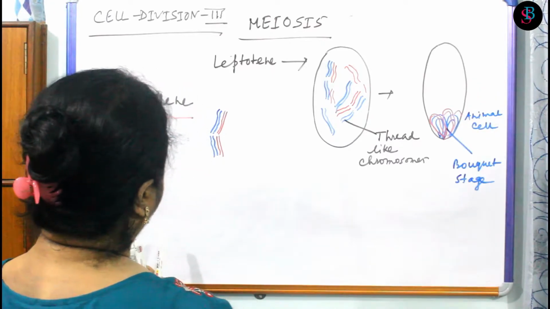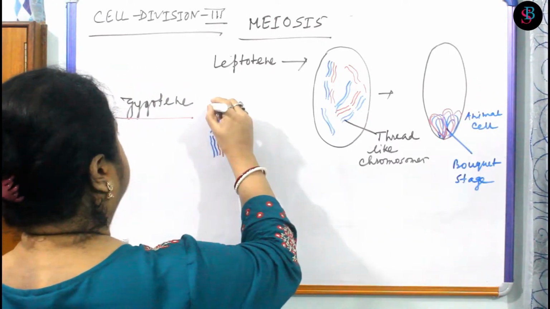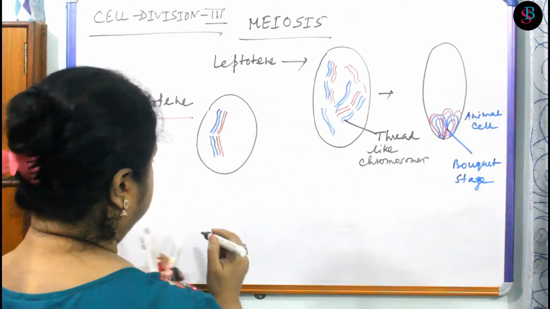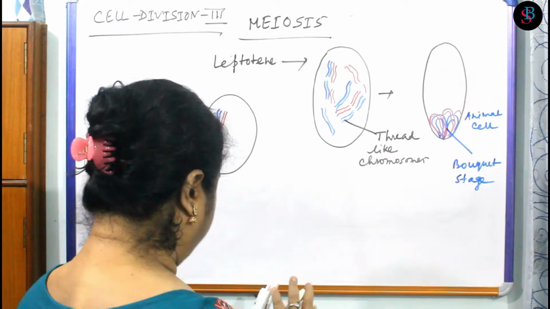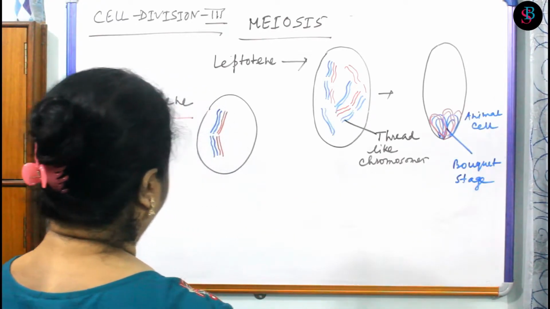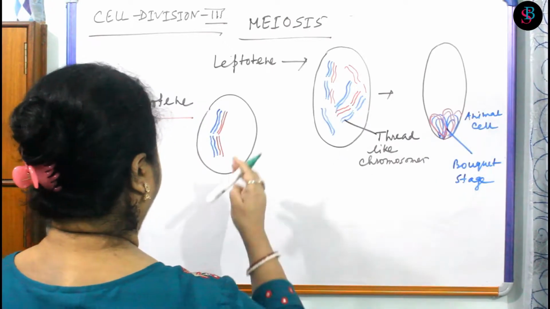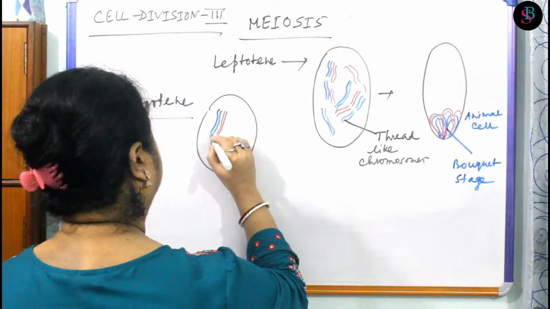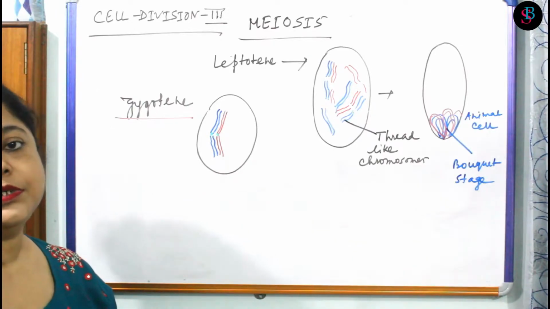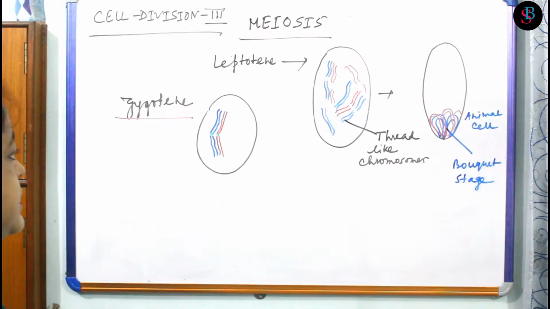So here in Zygotene, I am taking only one pair, otherwise it will waste time if I draw all the pairs. So suppose one pair I am drawing here, and this is the centromere, very prominent now, and these two are homologous chromosomes of each other. What is a homologous chromosome?